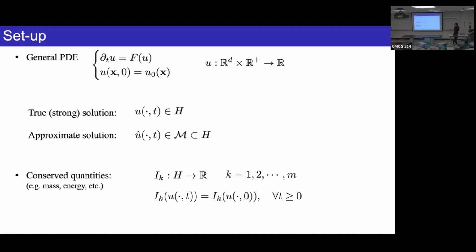What I will discuss as part of this talk is that in the framework of shape-morphing solutions, we can easily make sure that the discretization or the approximate solution conserve whatever physical quantity the true PDE conserves.